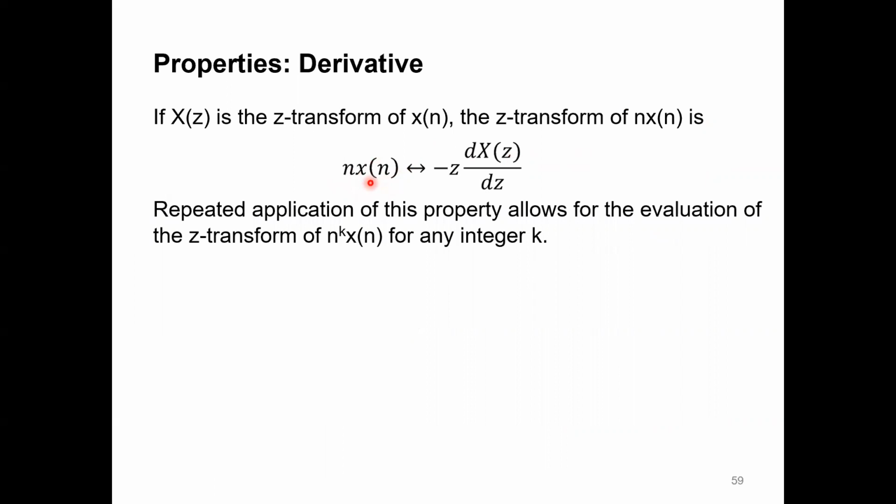It's a very special case. As time goes on, it's multiplied by that same time index n. In that case, the z-transform will change like that. You differentiate the z-transform of x[n] with respect to z, and in front of that you need to have minus z. Just remember that.